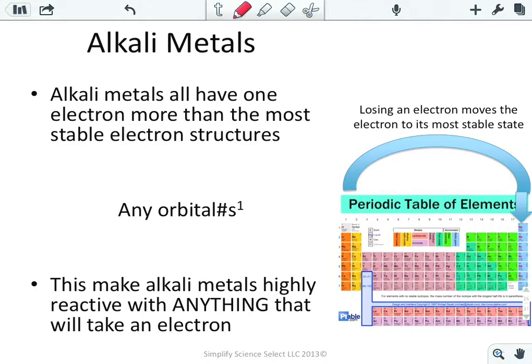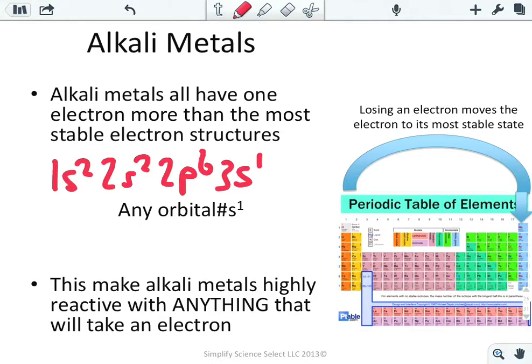So if you look at our alkali metals, that's any orbital s1. Dealing with something like sodium, it's 1s2, 2s2, 2p6, and then 3s1. All of the alkali metals will end with that s1: 3s1, 4s1, 5s1, 6s1, 7s1.